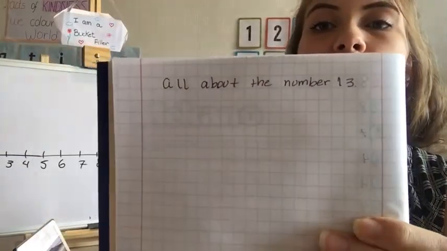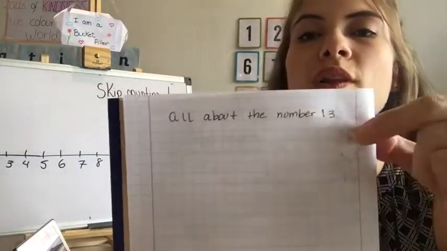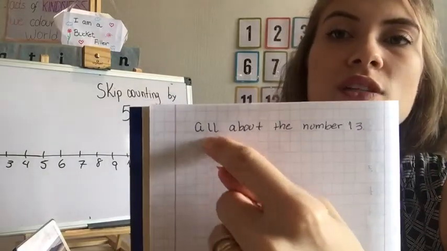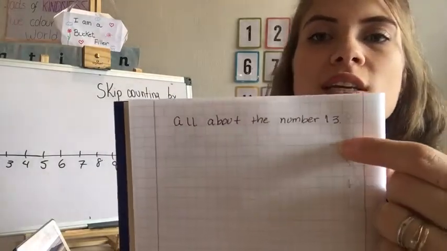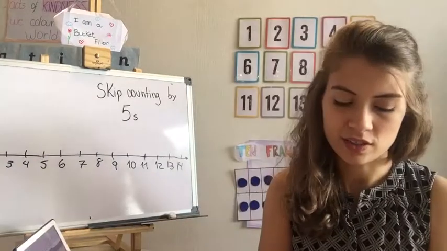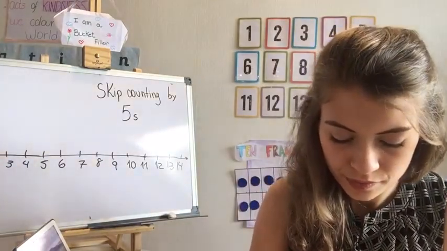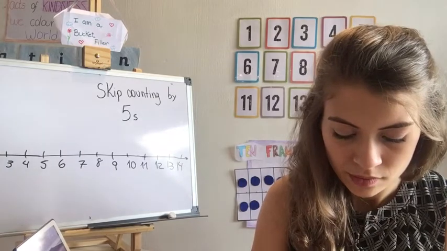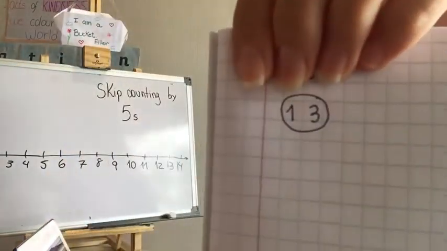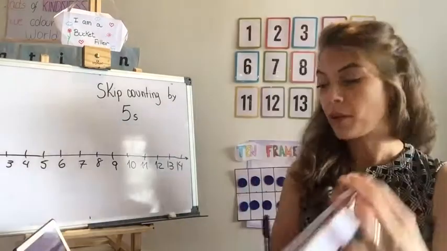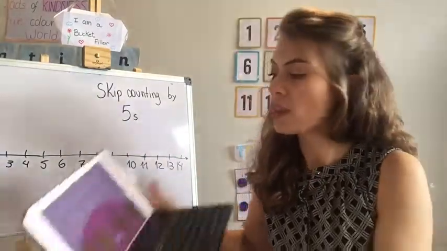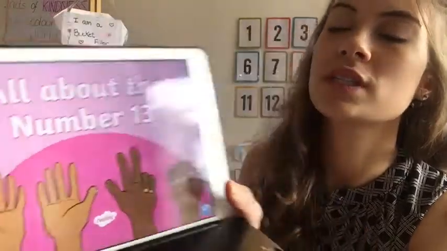You are going to write like this, but if you don't want to write all above the number 13, you can just write the number 13 here like this. And you can do it like this. Okay, 13 like this. Okay, then let's get started. All about the number 13.